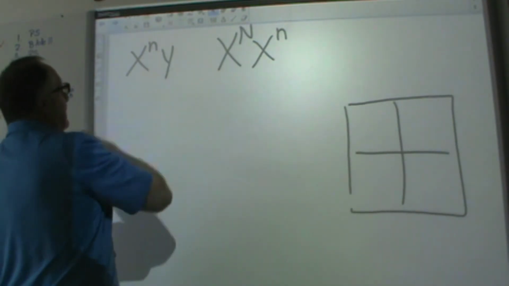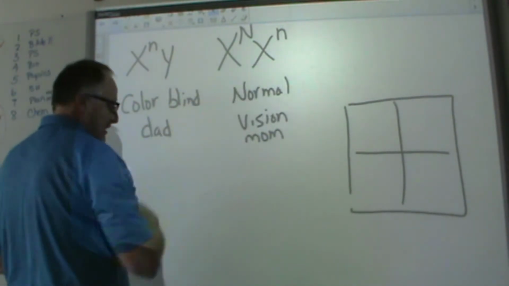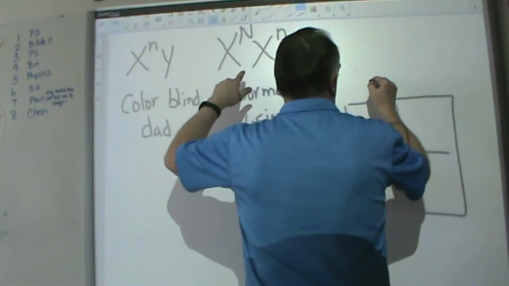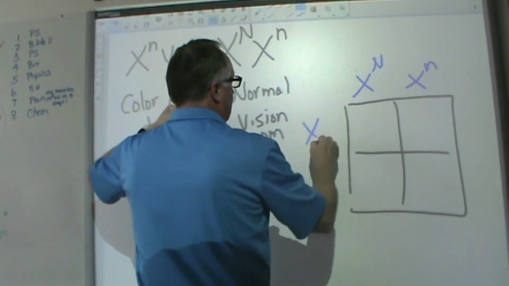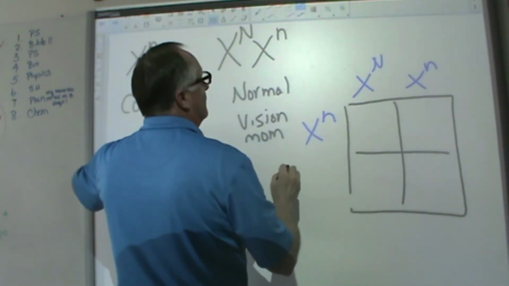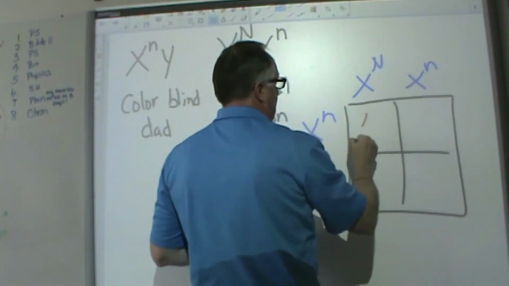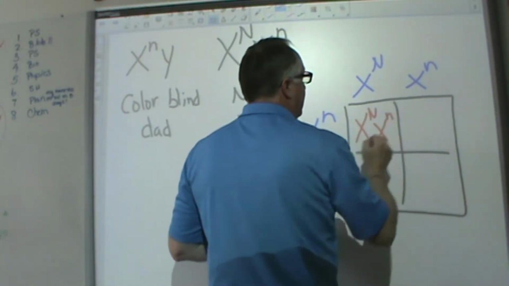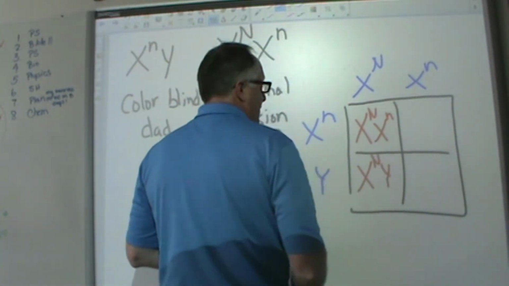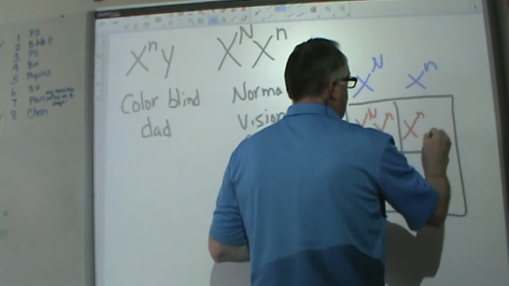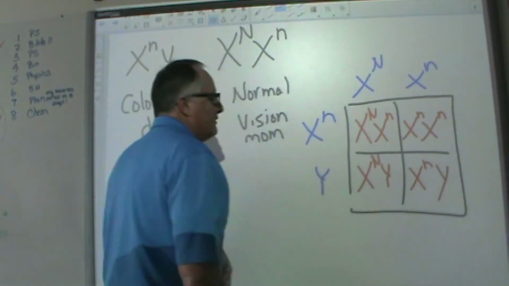Now if we have a colorblind dad and a normal vision mom, but she is a carrier, then we get a normal vision daughter, and we get a normal vision son, and then we get a colorblind daughter and a colorblind son.